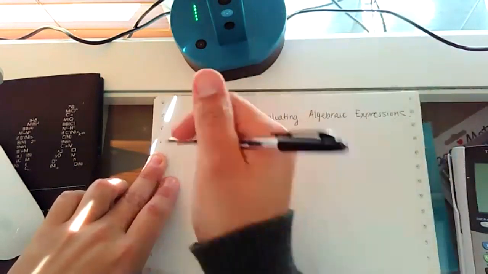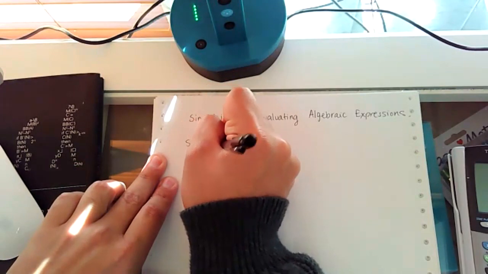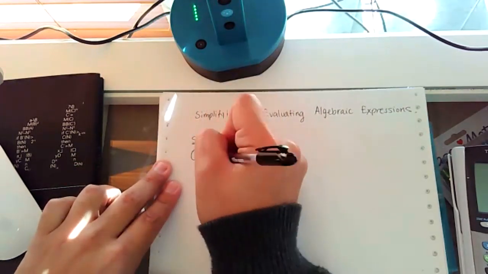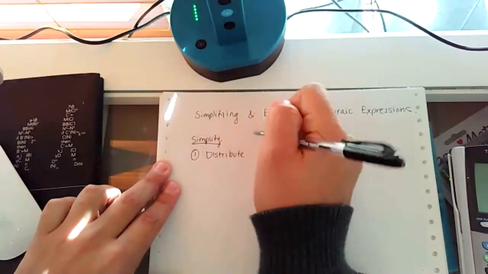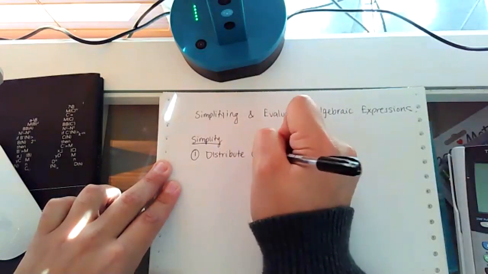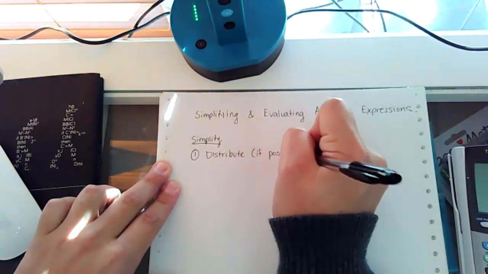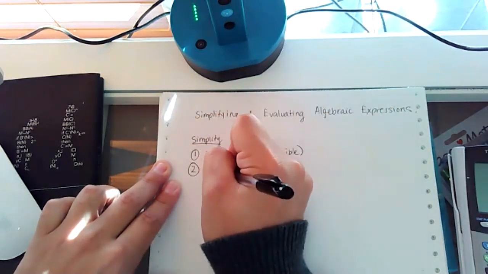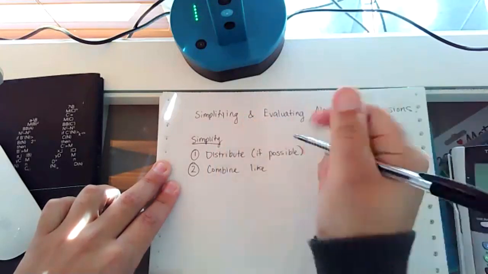When we simplify things, what we're really doing is, one, we distribute using the distributive property if possible. Sometimes you don't have to in a particular problem. And then after you're done distributing, you combine like terms. That is, you do the addition and subtraction.